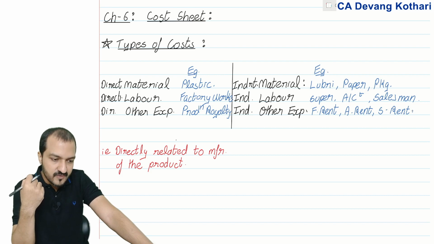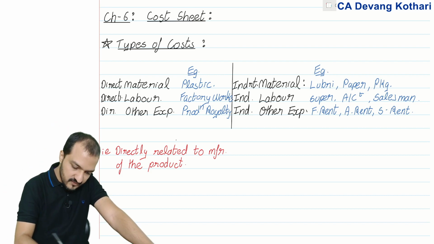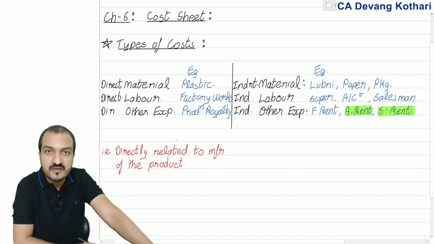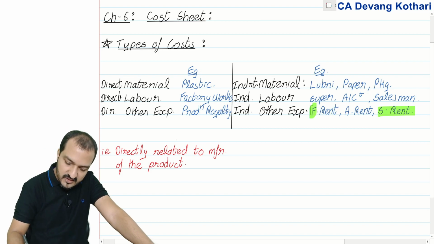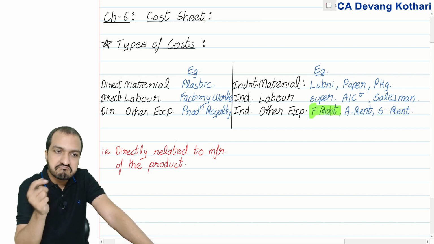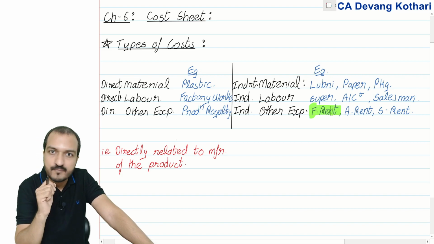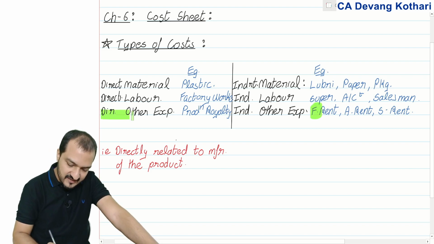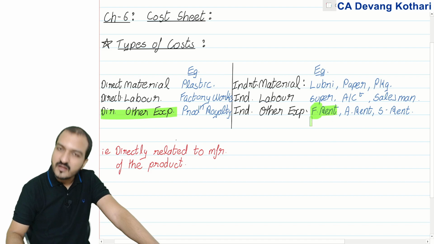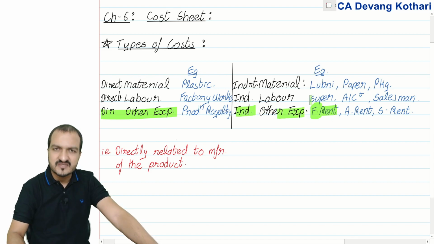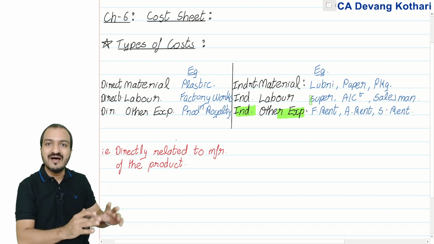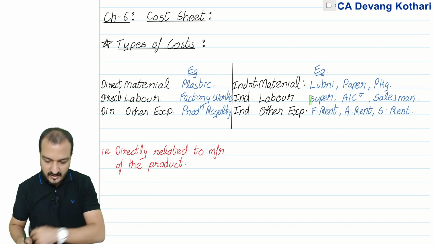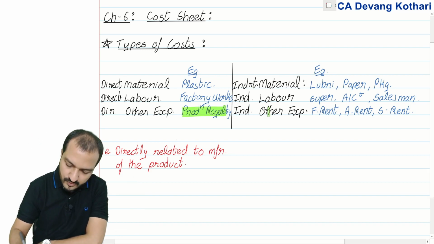Same goes for, say, electricity consumed in the admin office, which will become indirect cost. Electricity consumed in the showroom will become indirect cost. Electricity consumed in the factory, well, it depends on the nature of your production. In certain companies, factory power consumption is put as a direct expense, and in certain companies, factory power consumption might become indirect other expense. It depends on the nature of your product, and on how you are able to identify electricity consumed. We'll talk about that later. Right now I'm giving you easier examples to understand.